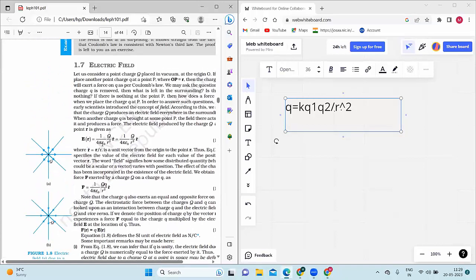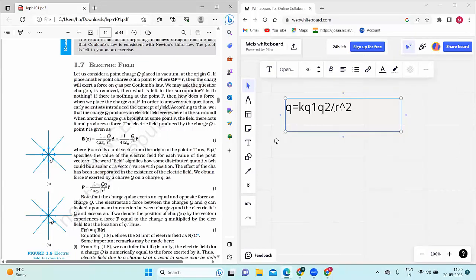Electric field: charges create an electric field. A charge in a vicinity creates a field around itself, which in turn acts as a force on another charge present in the field. This is the electric field. If we multiply this field with the charge present in the vicinity, then we will get the force acting on the charge.